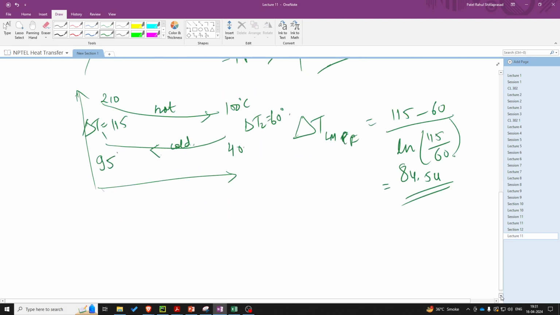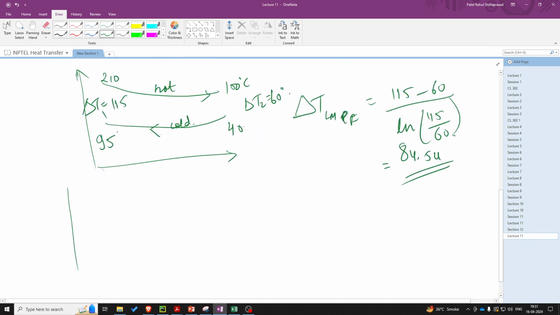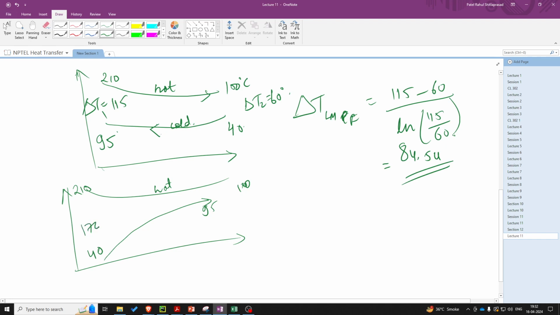Similarly, for parallel flow, where both are flowing in the same direction, if this is my hot fluid, where temperature goes from 210 to 100, and for cold fluid, temperature will go from 40 to 95. You can calculate again the LMTD. Delta T over here will be 170, and that over here it will be 5.